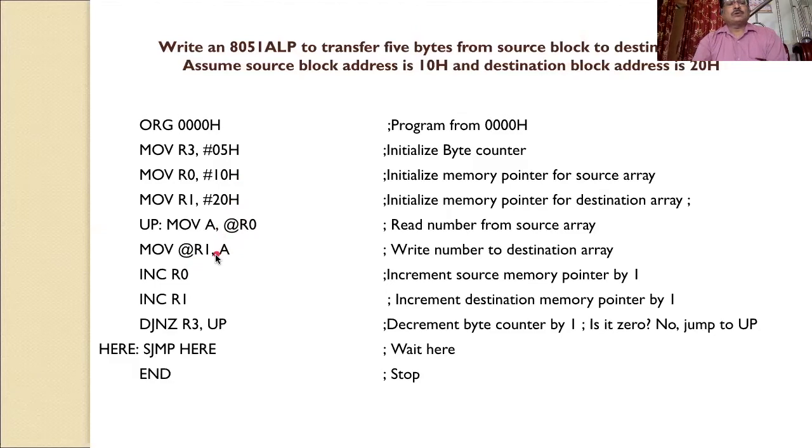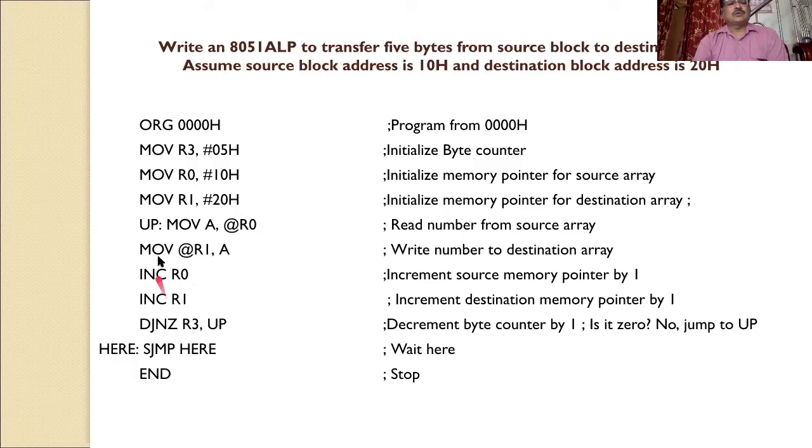Now we want to go to the next memory locations for the next byte transfer. So we have to increment both the pointers, the source pointer and the destination pointer, and decrement the counter till the count becomes 0.